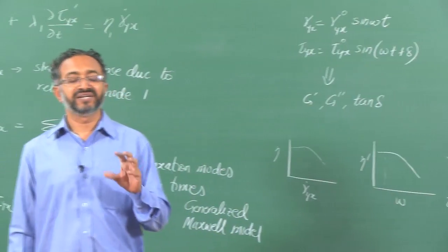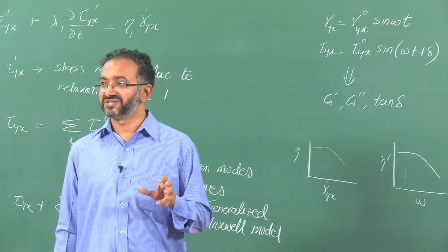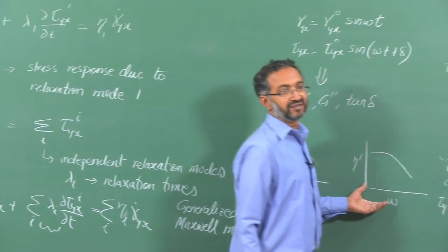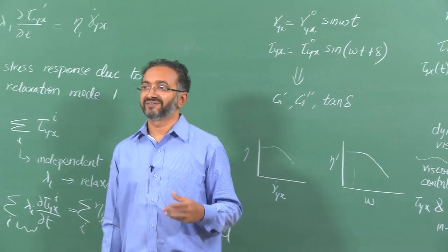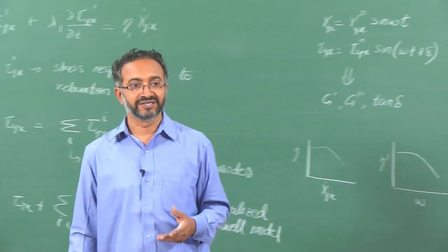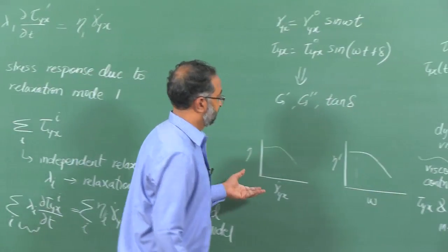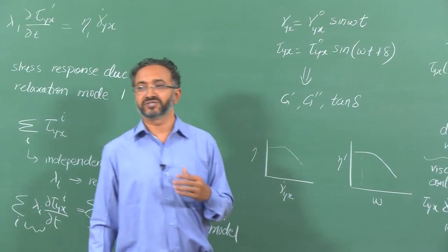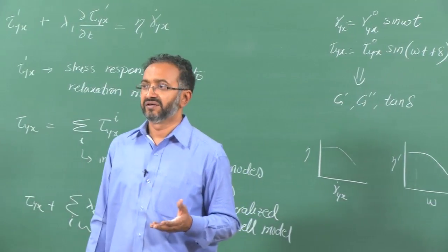The two tests are being done under very different conditions, right. In one case the deformation is kept small, but it is a time dependent test where oscillatory shear is being applied. The other one is a time independent test, steady state, and deformation is not kept small.